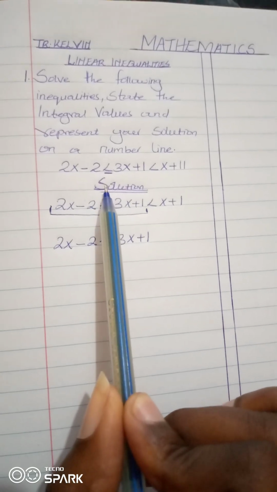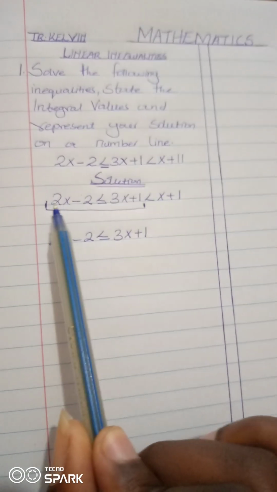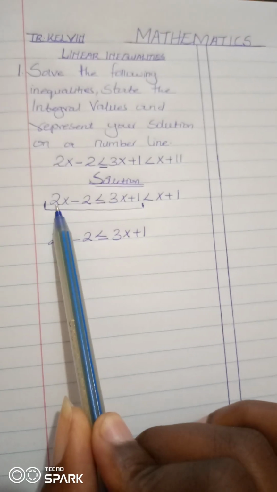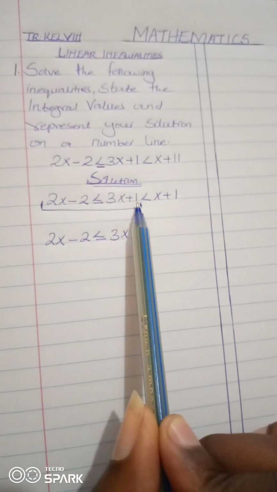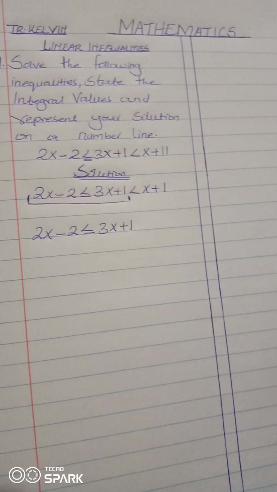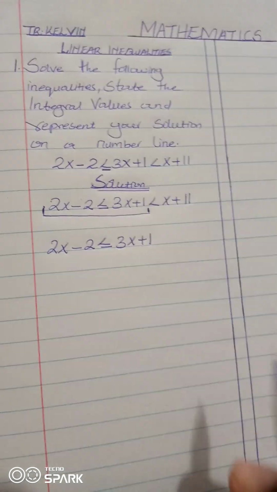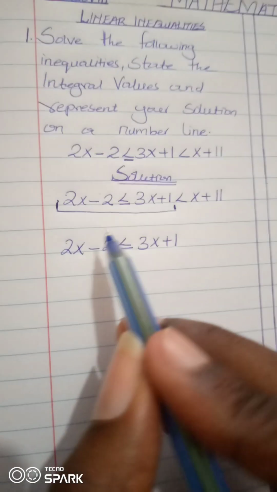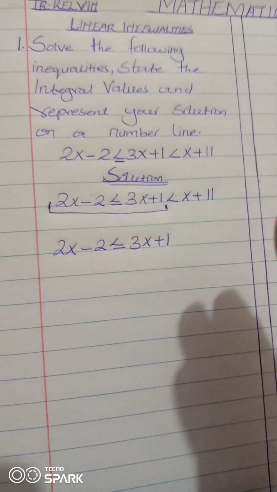Solution. The first thing that you do is rewrite the question: 2x minus 2 less than or equal to 3x plus 1 less than x plus 11. Now, my dear student, the next step is to divide your inequality into two parts.